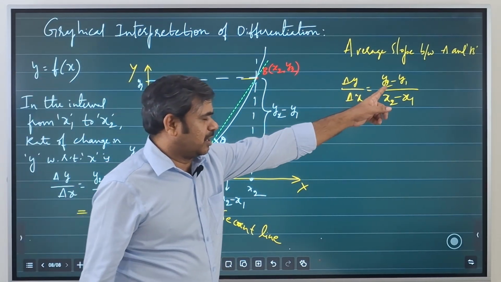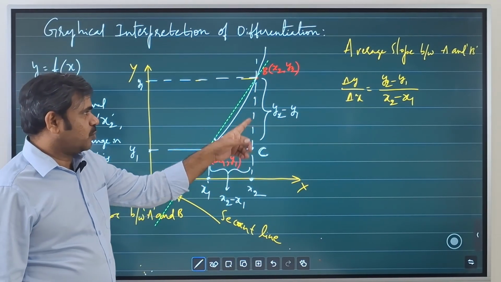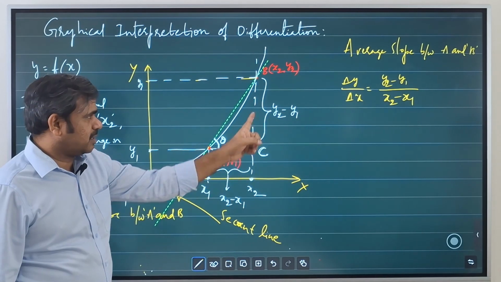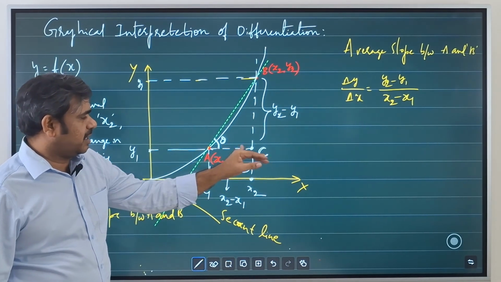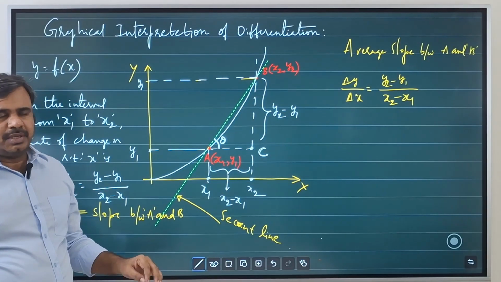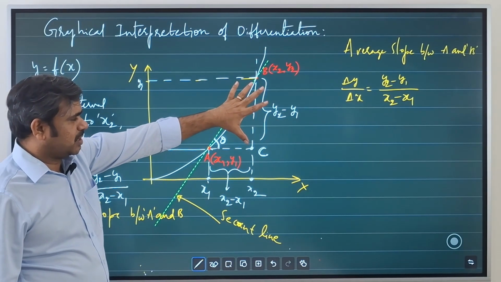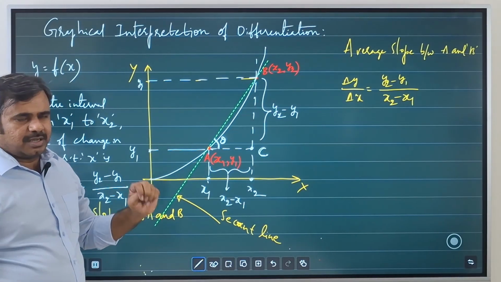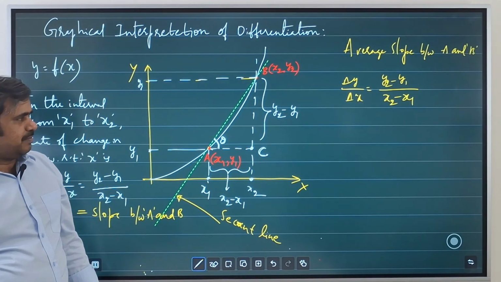y2 minus y1 by x2 minus x1 is the ratio of two sides in a right-angled triangle ACB. Look at the right-angled triangle ACB. In the right-angled triangle ACB, y2 minus y1 is the opposite side of theta and x2 minus x1 is the adjacent side of theta.